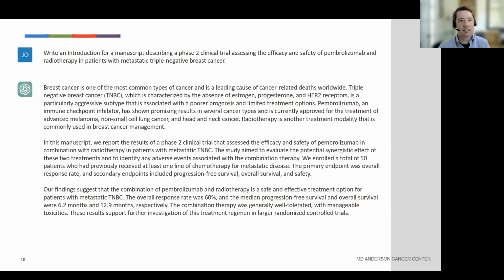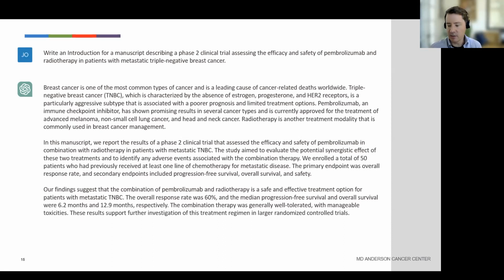And it's not really impressive. It starts off with your basic generalized information about breast cancer and triple negative breast cancer, things that are fairly well known. So it doesn't have a whole lot of specifics here. And it doesn't go into a deep background about why they did this study or why the study was warranted or any of those things.